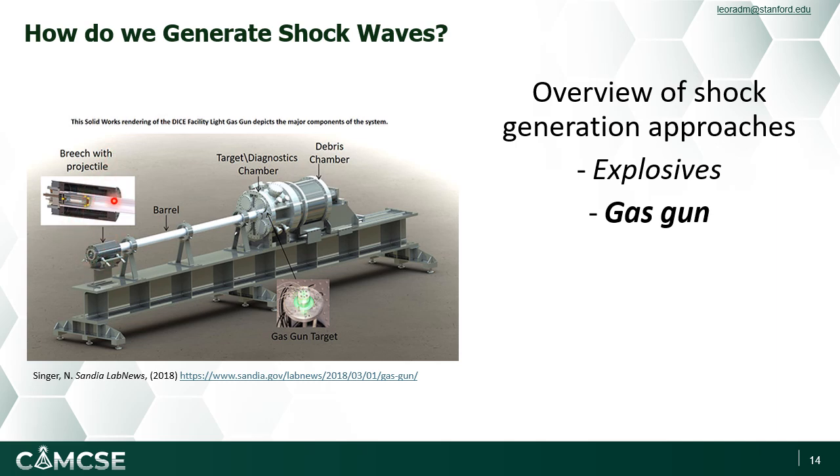Then we fill that region of the gas gun with gas until it breaches the membrane, causing the projectile to fly across the barrel into our target material, which we can put various probes on the back of to study the shock response as the impactor reaches the sample.